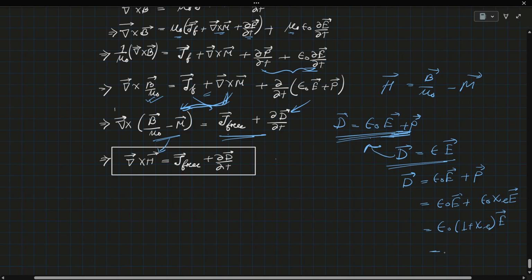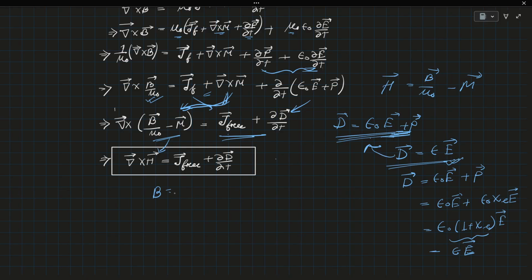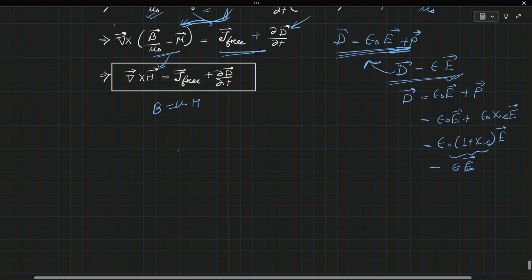So now this can be written as epsilon E. I hope now these things are clear, how we have got this equation. We also know that B equals mu H, right? We know this equation, so actually this equation came from this.